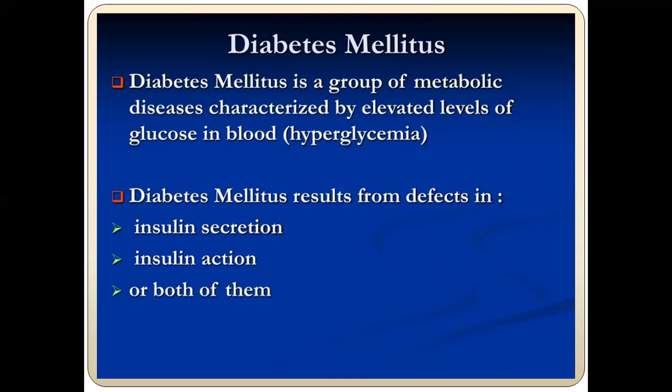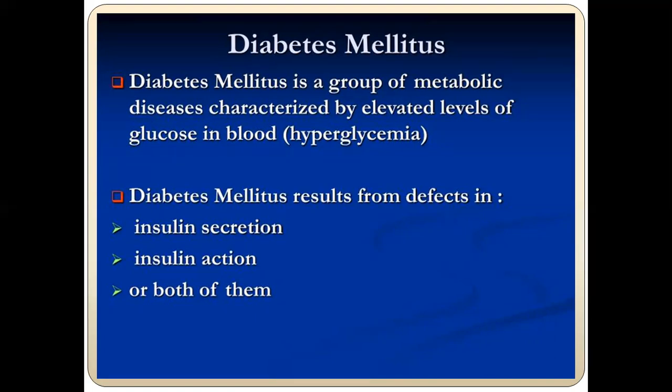And if in our body there is more glucagon but less insulin, then what happens? As a result, the person becomes a diabetic patient, and that disorder is called diabetes mellitus.